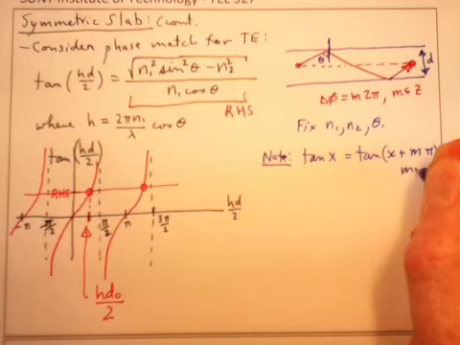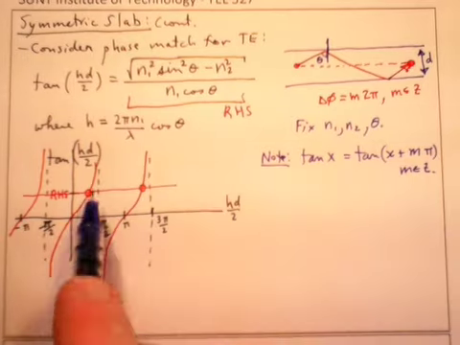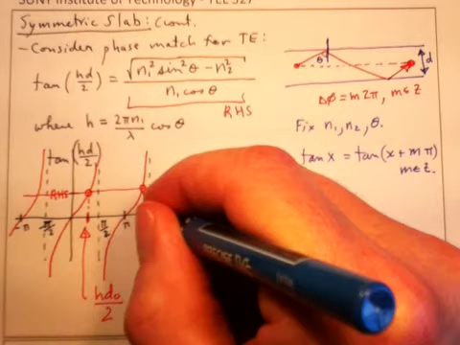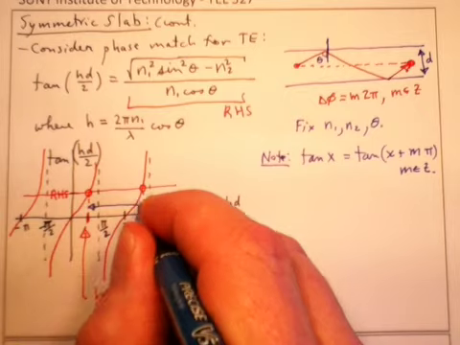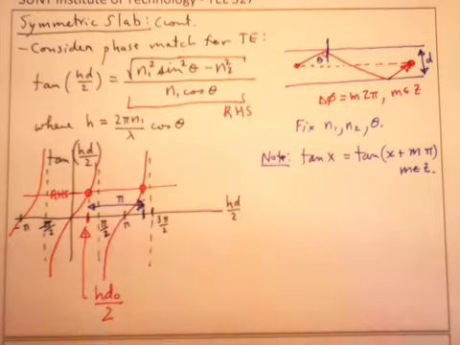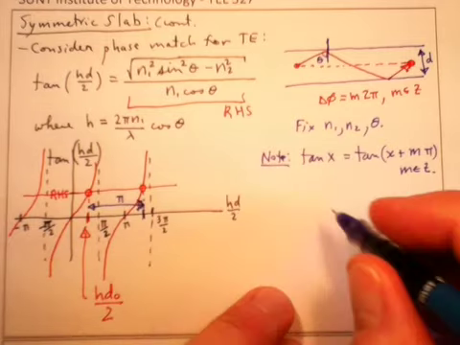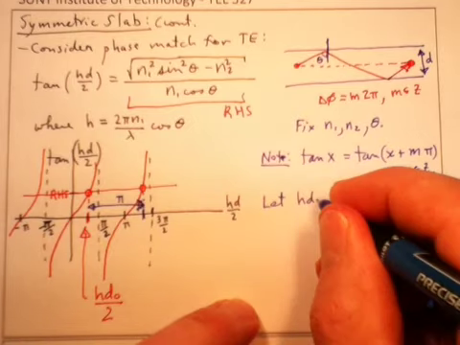That's to say that if this value is a solution, then this value is also, and the distance between these two in this plot is pi. So we'll suppose that hd naught over 2 satisfies the equation.